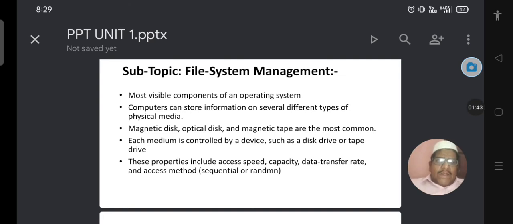Each medium is controlled by a device, such as a disk drive or a tape drive. These properties include access speed, capacity, data transfer rate, and access method, sequential or random.